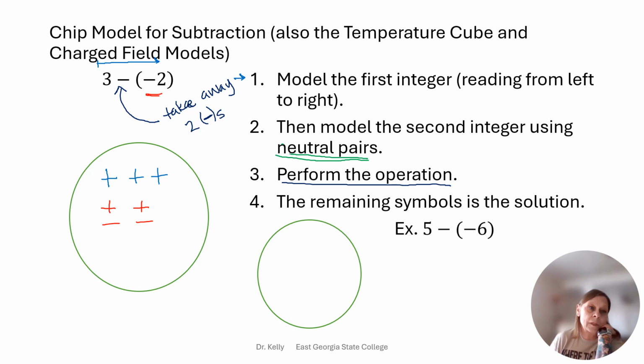Okay, so I'm going to take these 2 negatives, and those come out. And then what's remaining is the solution. And so it will be all one sign. And here we have 1, 2, 3, 4, 5. So we can say 3 minus a negative 2 is equal to 5.